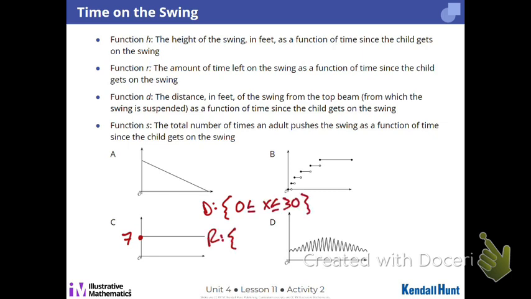Who can give me the range? 7. Everybody? 7. Yeah, you just say y equals 7 for the range. It's just always 7. The output's always 7. Is that a function? Yes. Let's check it out. Does each domain have a range? 7. Vertical line test. It works. These are all functions, friends.